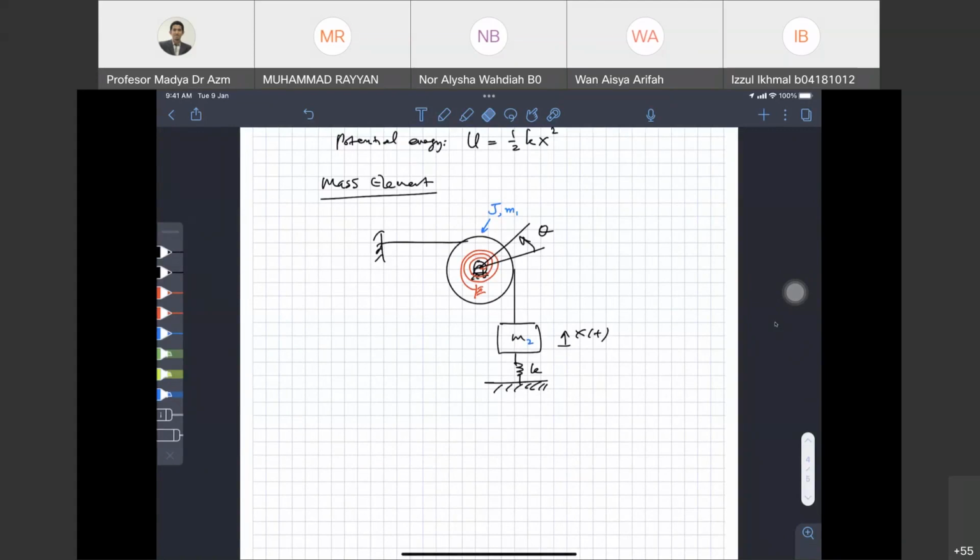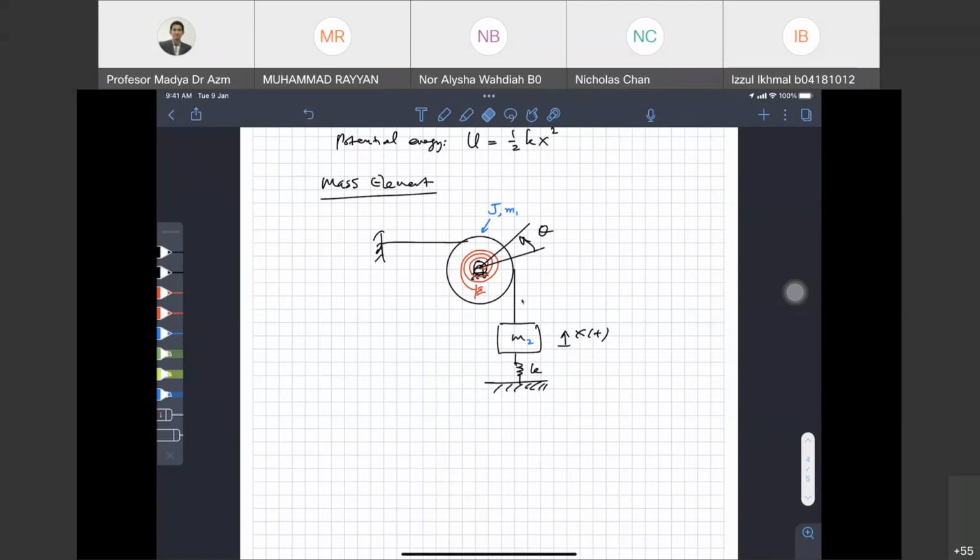Ada berapa elemen mass? Nicholas, how many element of mass? In this system, how many element of mass?